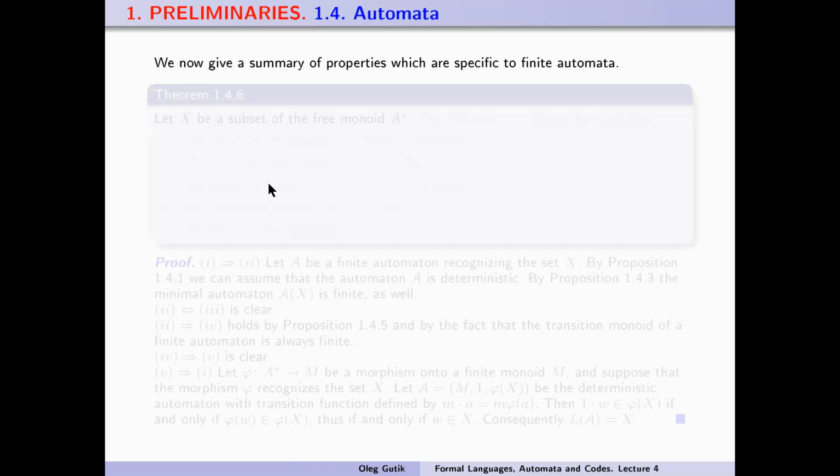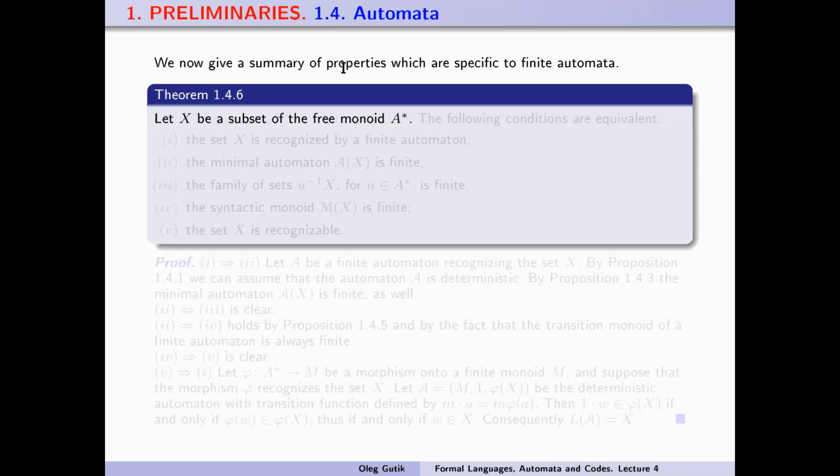Now we summarize some properties that are specific to finite monoids. The following theorem: let X be a subset of the free monoid A*. The following conditions are equivalent. The first condition: the set X is recognized by a finite automaton.